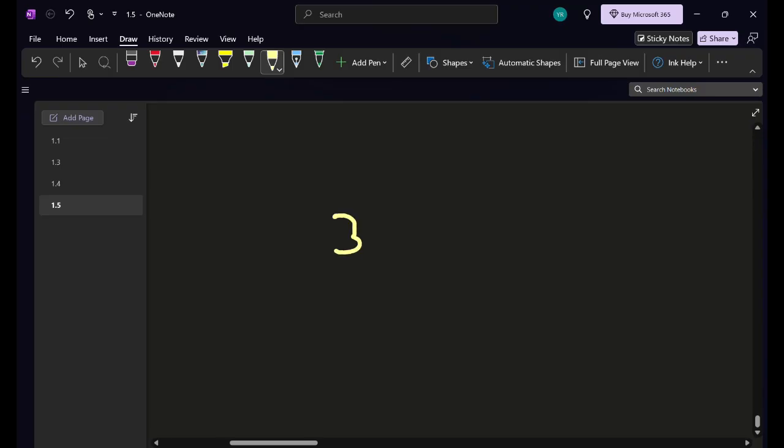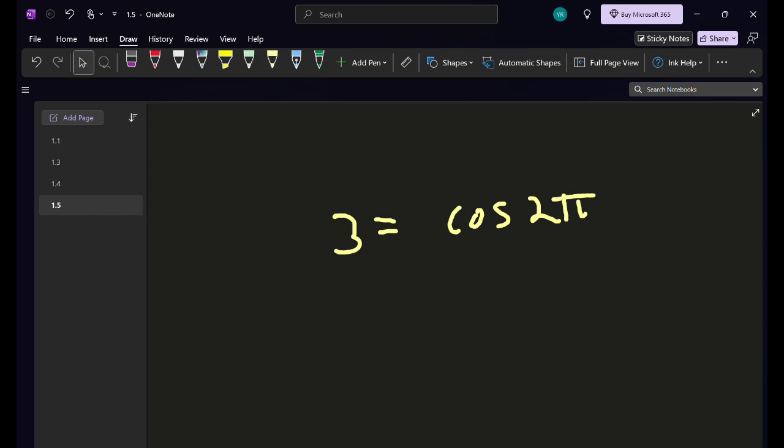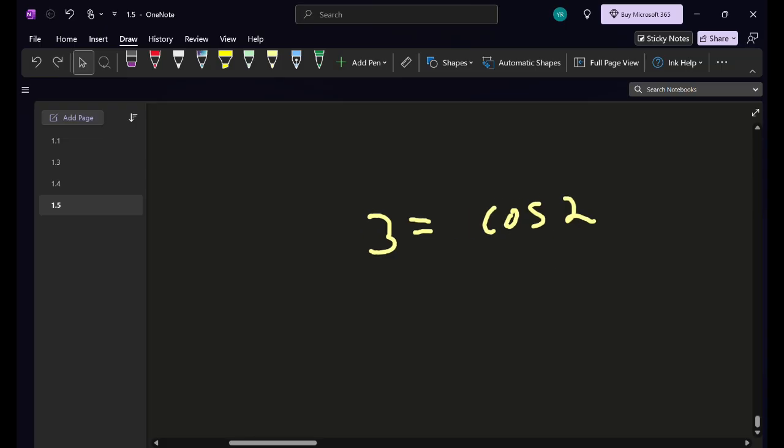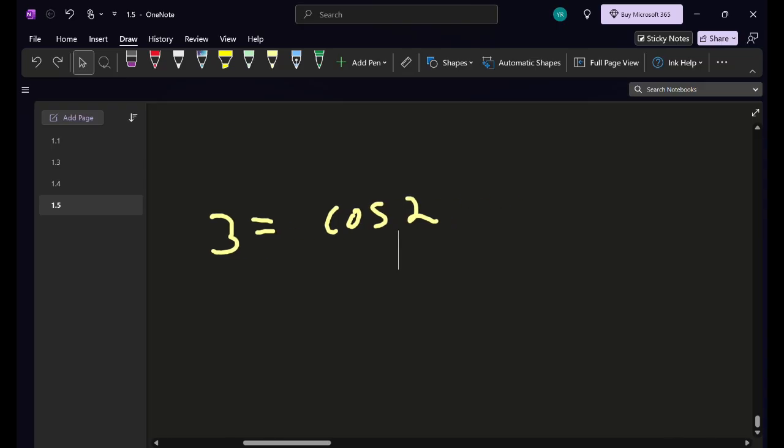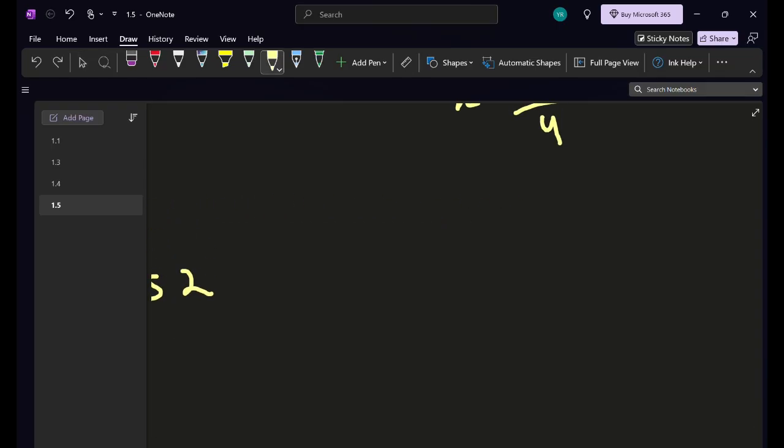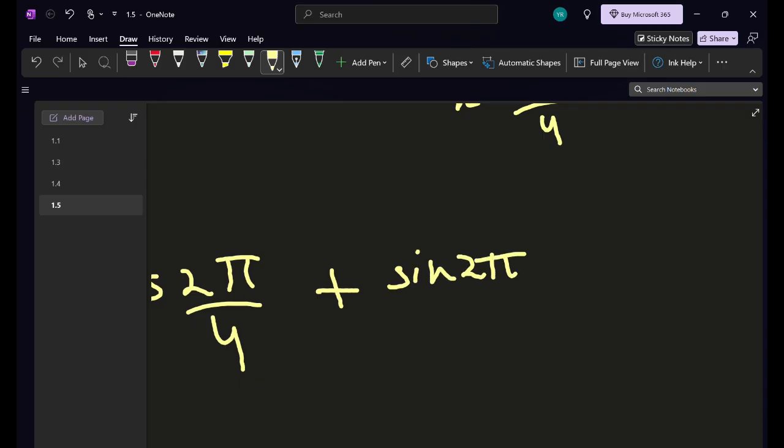So this is going to be written as 3 is equal to cos 2 pi by 4 plus sine 2 pi by 4 plus c.